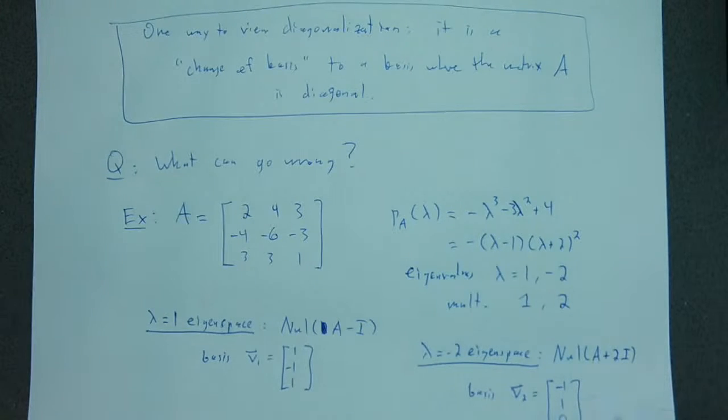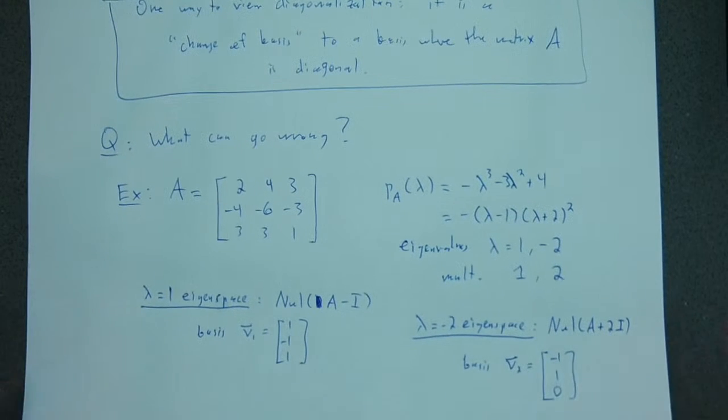So if you write out A plus 2I, so set up the equation (A plus 2I)v equal to 0 and solve for v in parametric vector form, you see that you just get a single basis vector. It's one dimensional. If you compute the dimension of the null space, it's one dimensional. So there are no other eigenvalues.